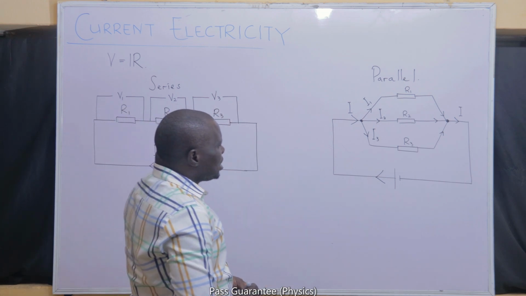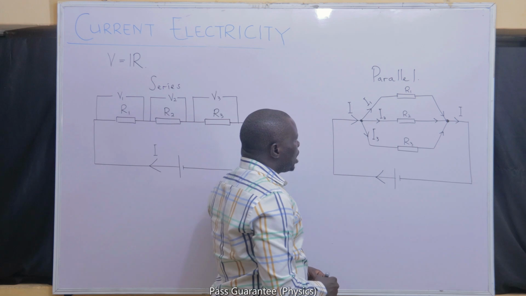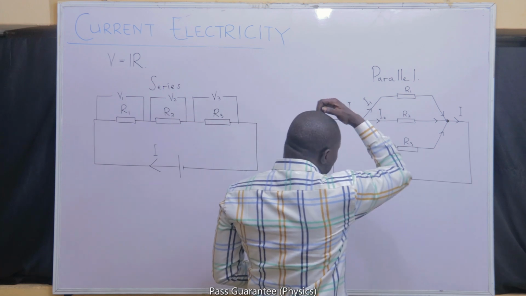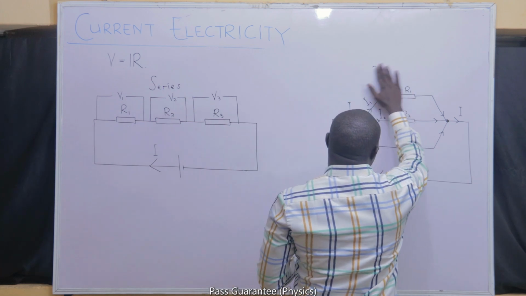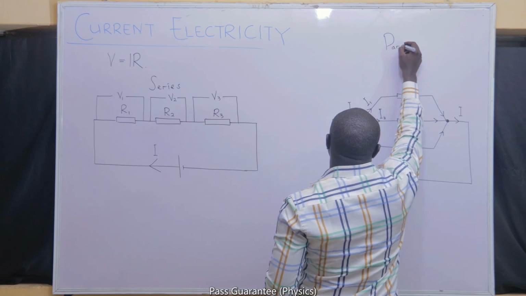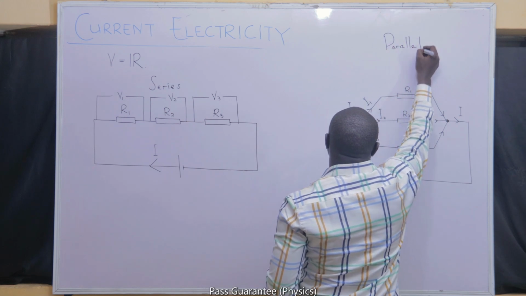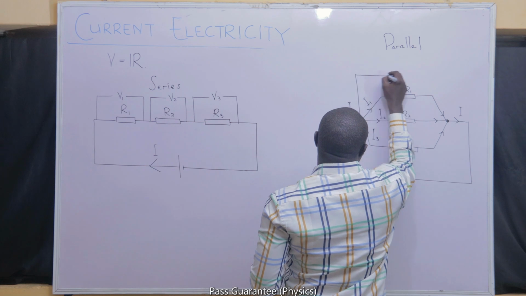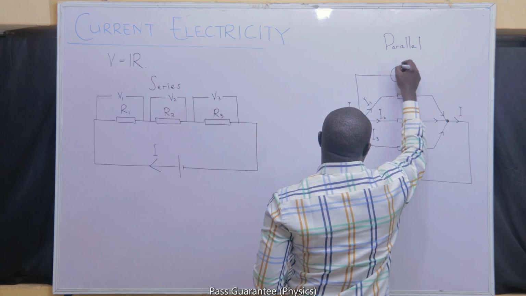But while the paths through R1, R2, and R3 differ, I hope you can see that they all have the same ends.